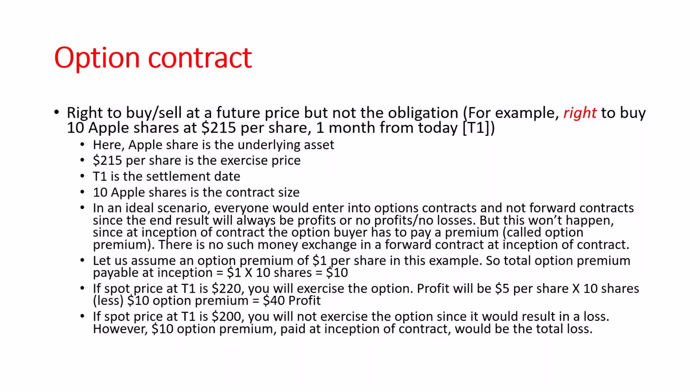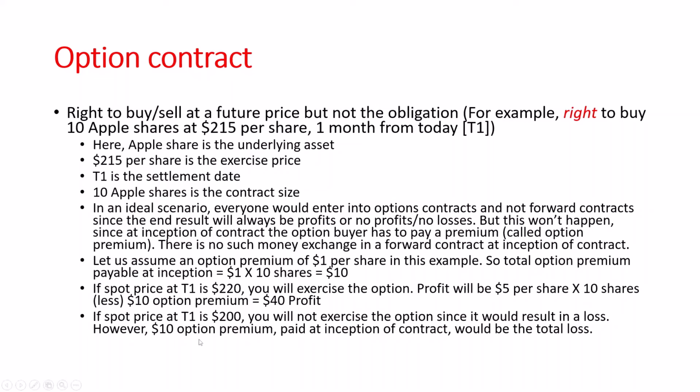But in an options contract, to be able to have the right to buy or sell, to be able to decide whether you want to exercise the contract or not, to not have the obligation but only have the right, to be able to have this advantage, you have to pay a premium for this, and that is called the option premium. So that is a cost to an options contract. There is no such cost in a forwards or a futures contract, but in an options contract, you will always have an option premium that you will have to pay.